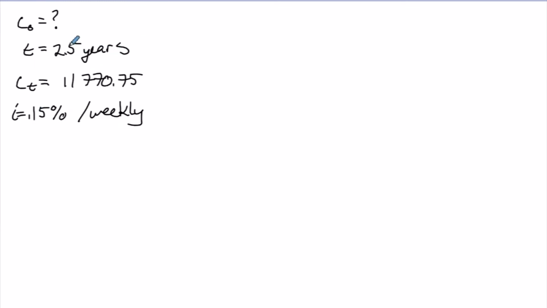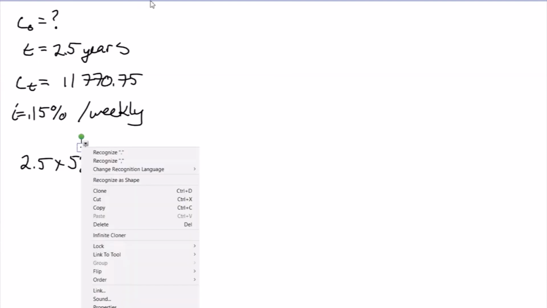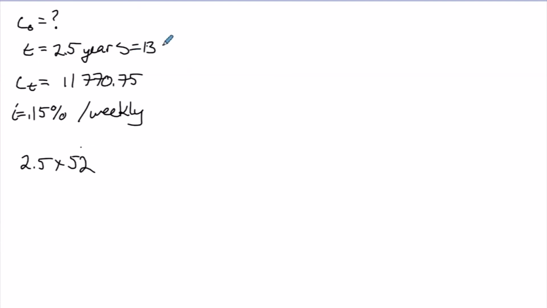Now the first thing, of course, we need to get our term into the same units as our interest rate. Since we're weekly here, and we've got years here, we need to go 2.5 times 52, which is 130 weeks.